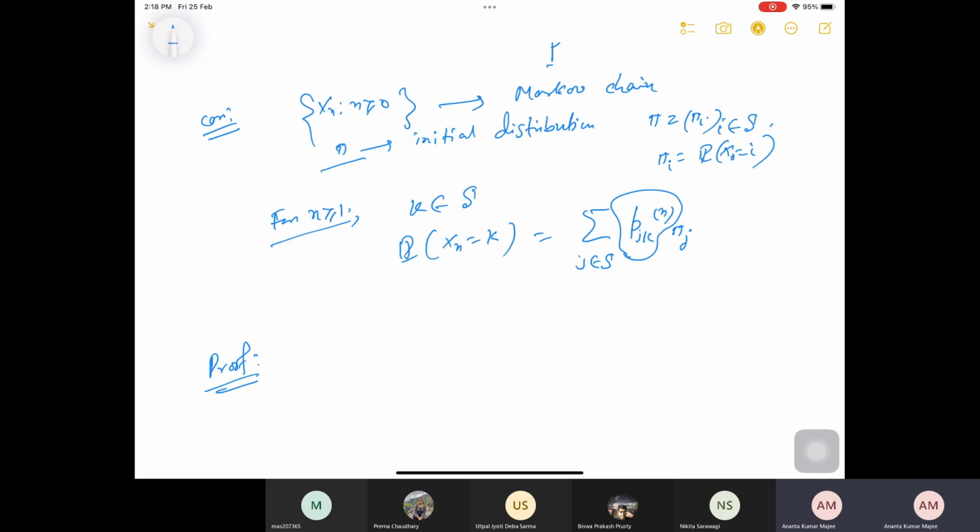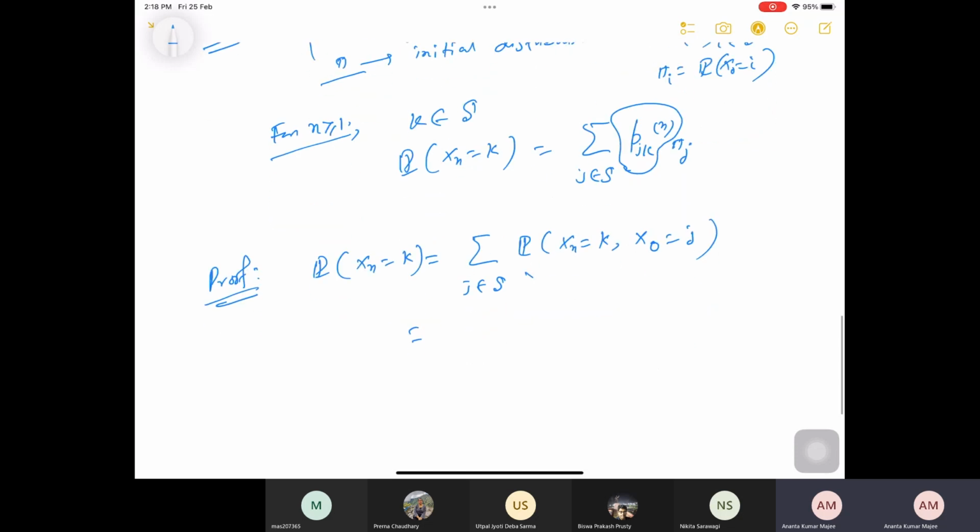So the probability of Xn is equal to k. What I can write down, by total probability, starting with any j in my S, is the probability of Xn is equal to k and X0 is equal to j. Now these things I can write down, you can use our previous lemma.